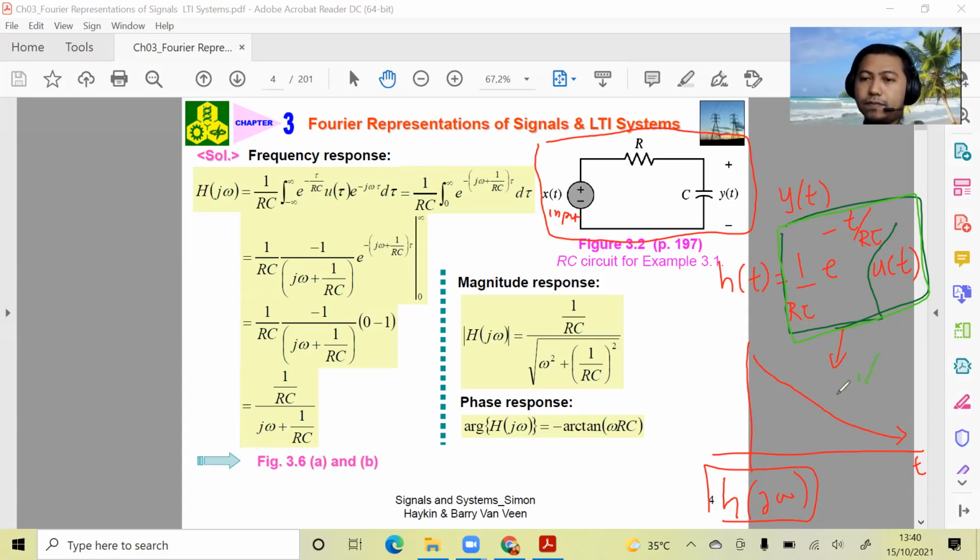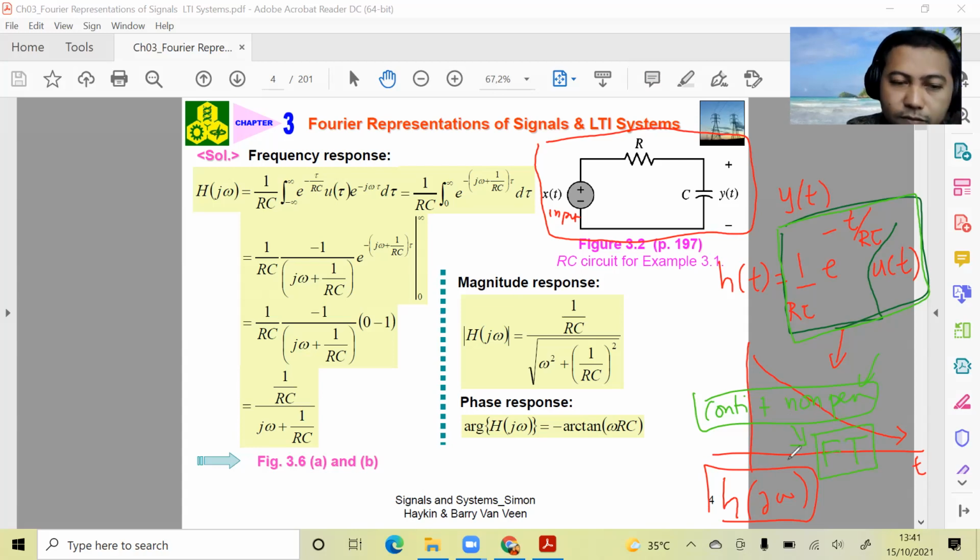If you see the graph, this is continuous and non-periodic. Because this is continuous and non-periodic, we use what? Fourier transform. Yes, Fourier transform.